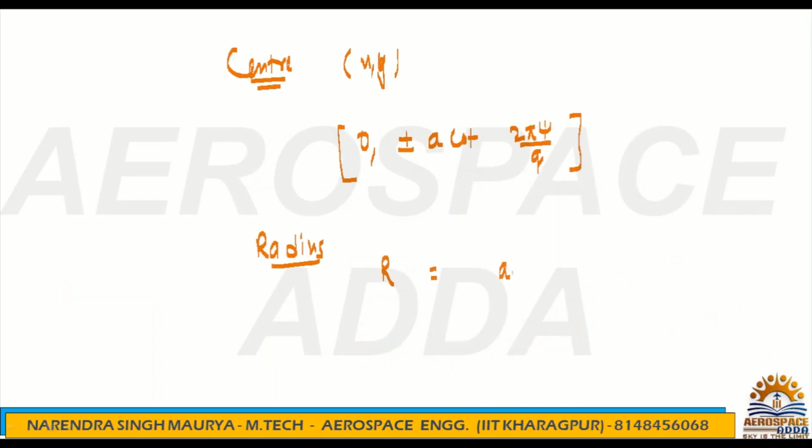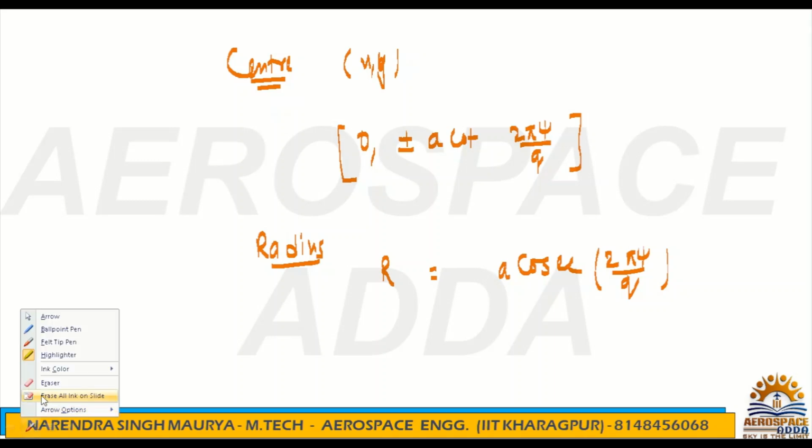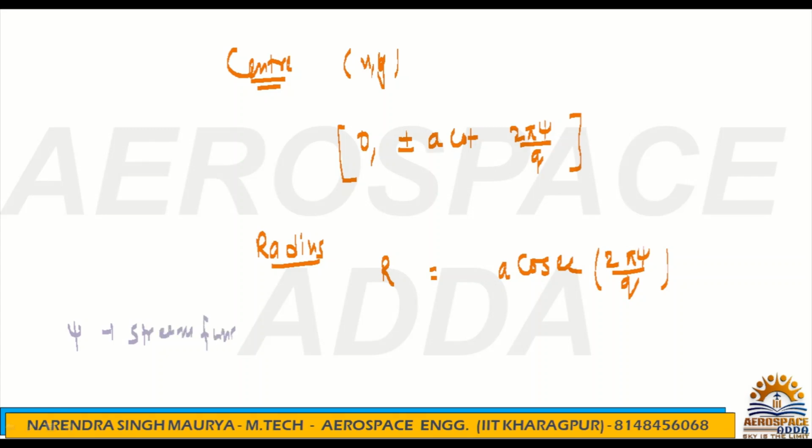We can write a cosec 2 pi psi by q. This is the radius. Rest, what is psi? Psi is nothing but a stream function, obviously. A is what?